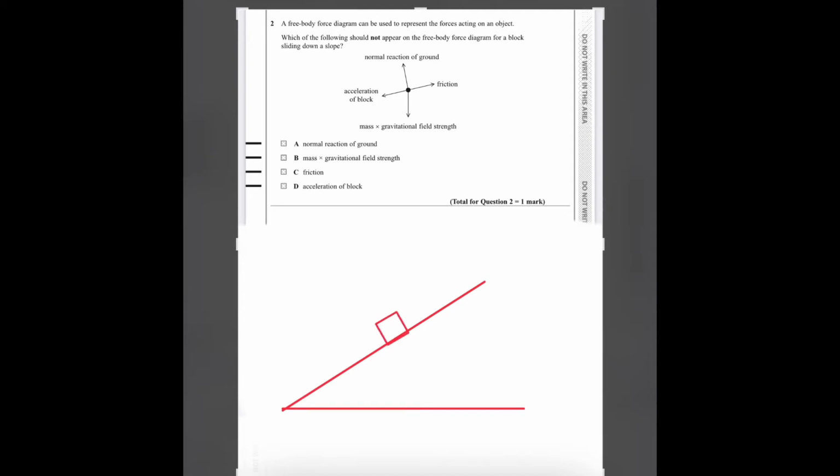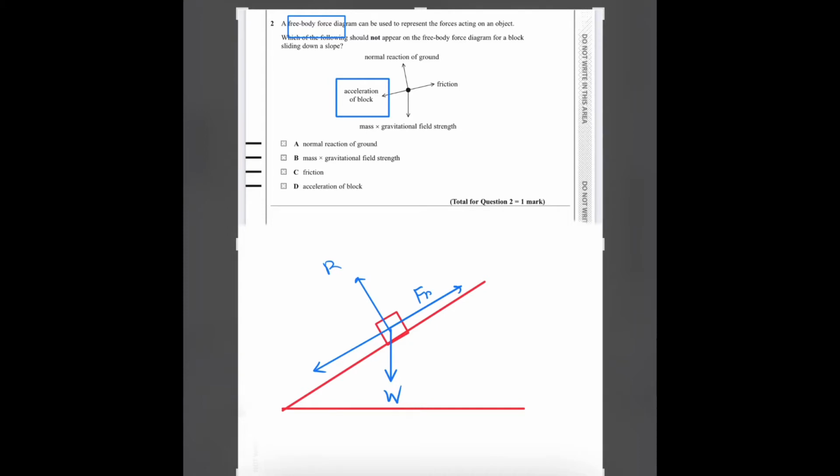The forces acting on the box are: we have weight downwards, and we have the normal reaction force upwards, and we have friction in this direction, Fr, and we have something in this direction which, in this diagram, is labeled acceleration. But it is a free body force diagram, so it should not have anything except forces.